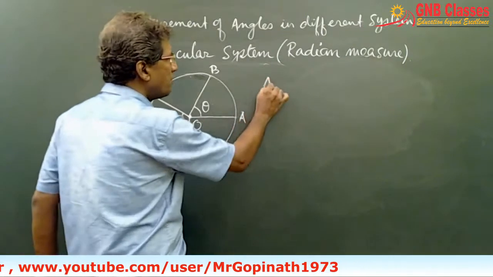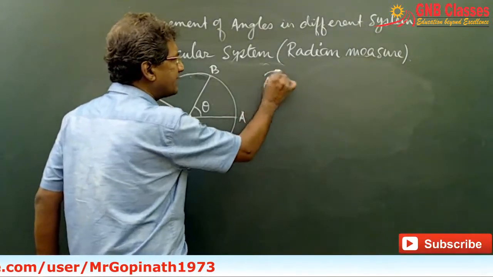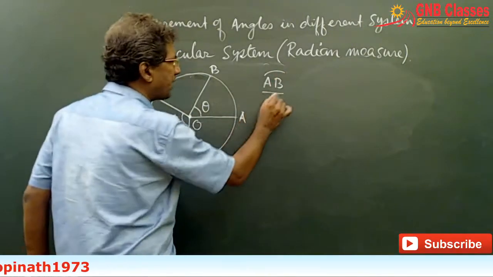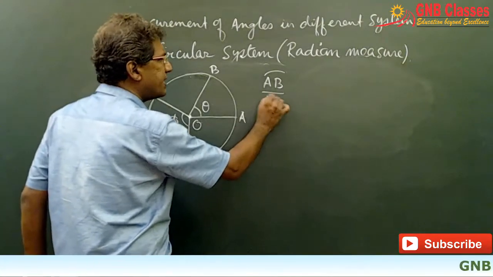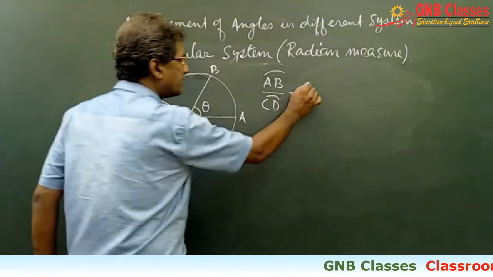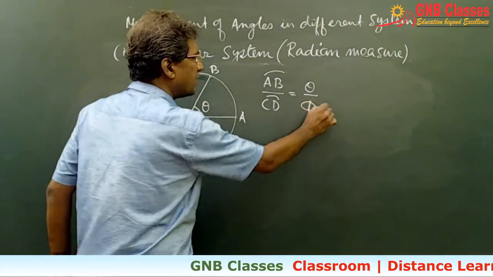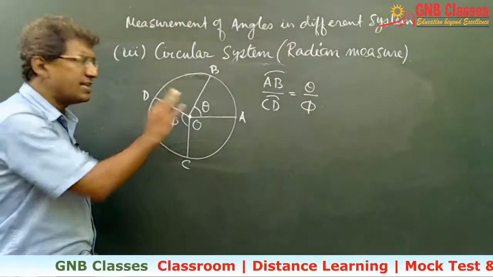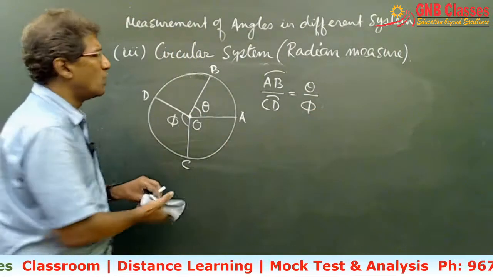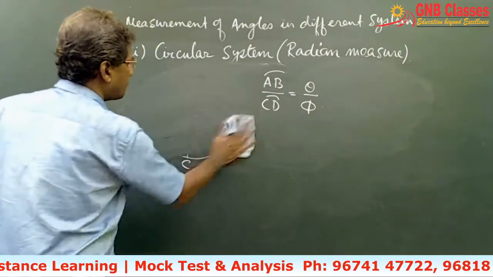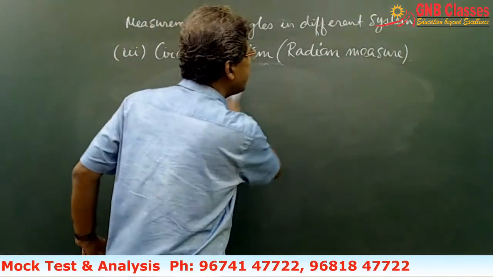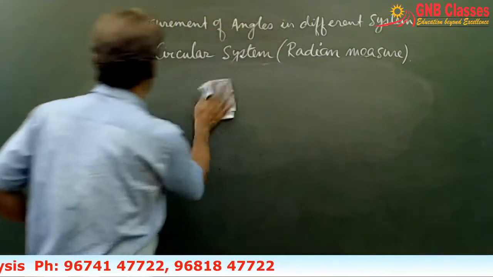Then we have proved in class 10 that the length of arc AB by the length of arc CD equals theta by phi. Can you remember it? Okay, so this we will use to check whether a radian is fixed or a variable.